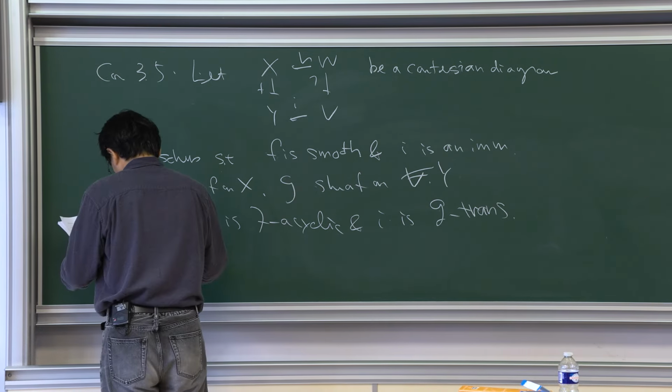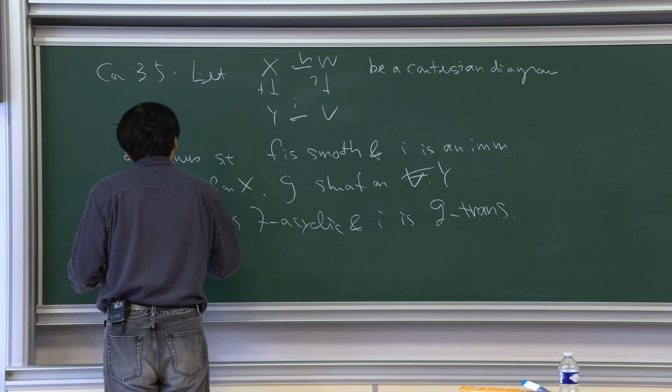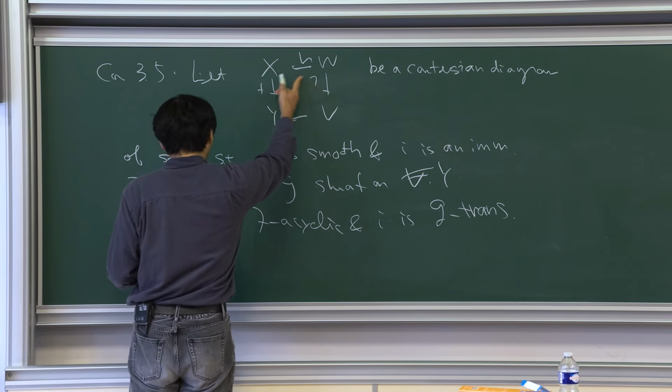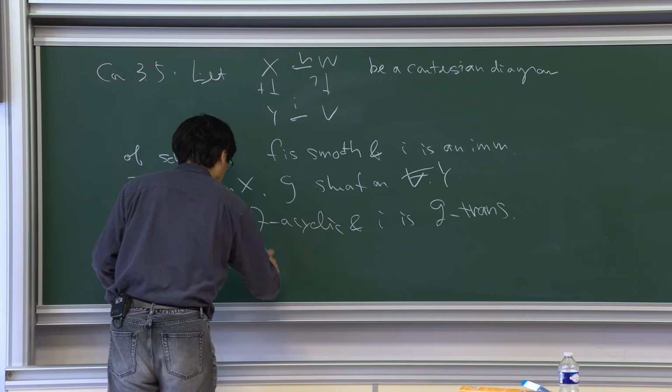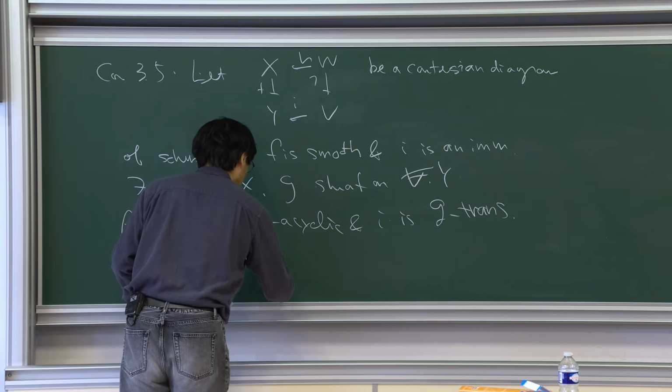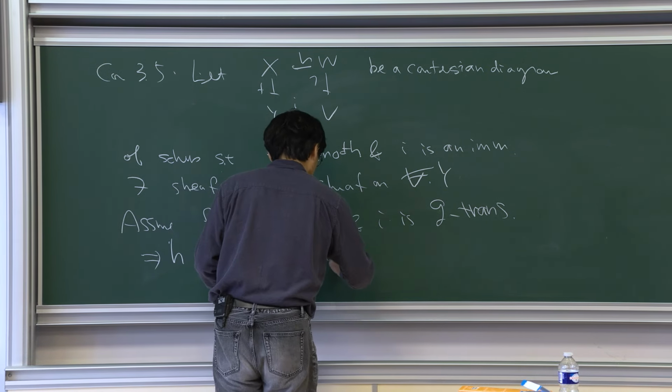Then the conclusion is that this h up here is F tensor pullback of G transversal.